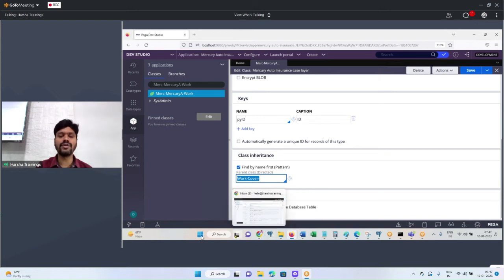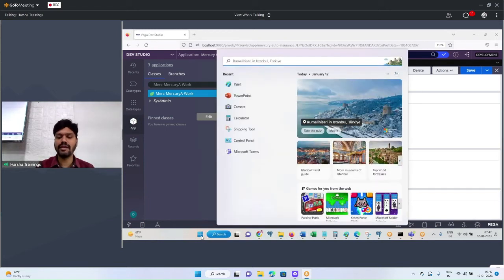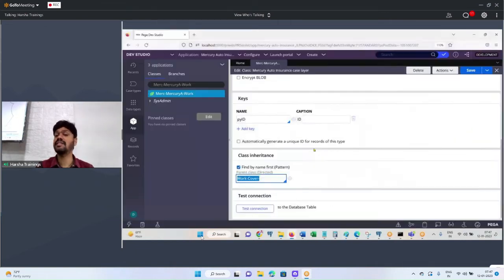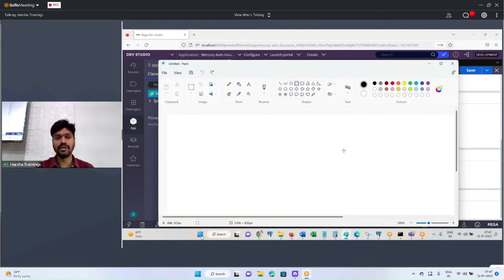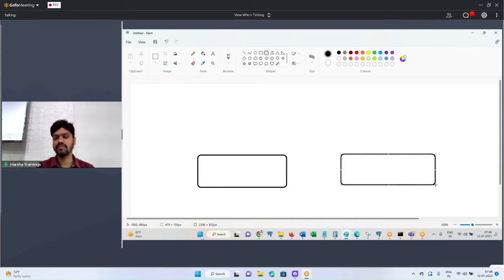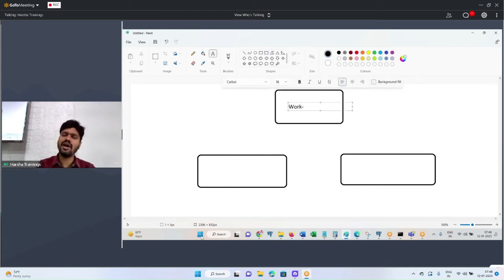Look at here now. I am going to draw what we are seeing here in Paint. Whatever we have seen and observed, we did not make any changes as of now. So here you go. This is work dash, or work dash cover dash is also okay. And what about this one? Mercury Auto Work.